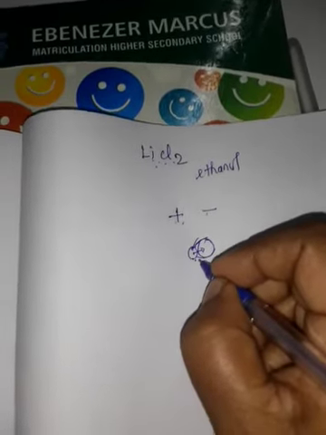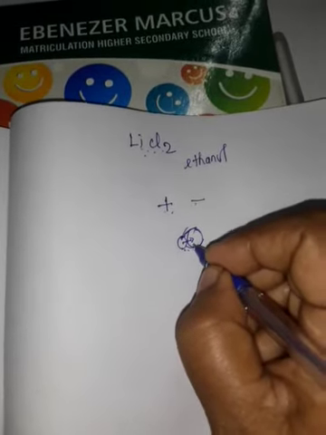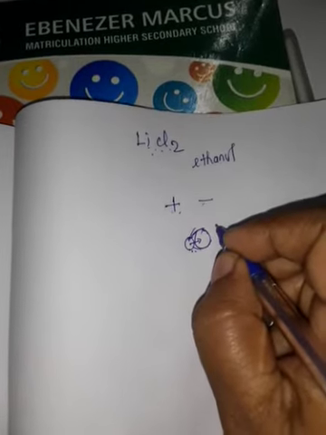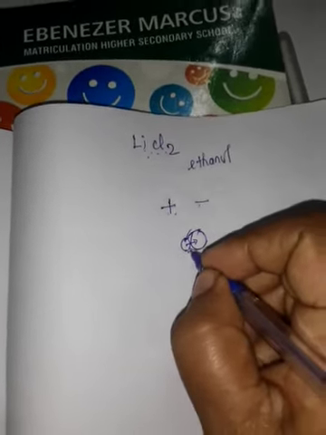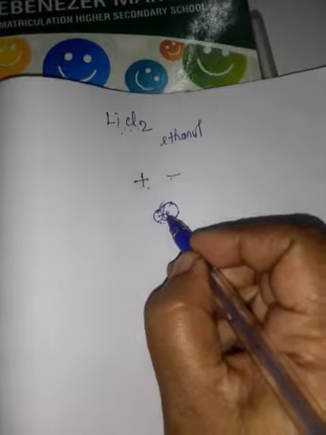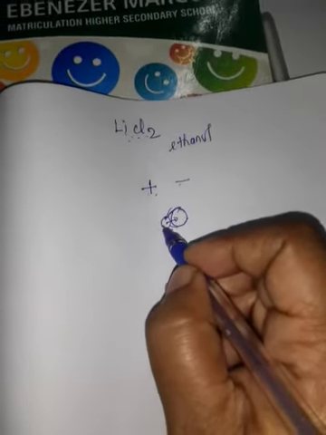Because of this, there is a change in the shape of the anion, that is, distortion of its electron cloud. It is drifted towards the cation because the cation is pulling the anion towards itself.